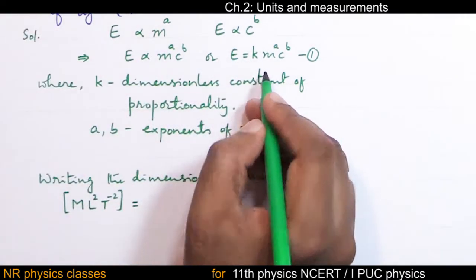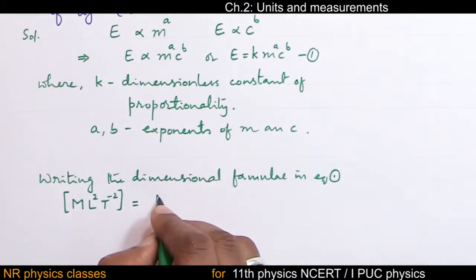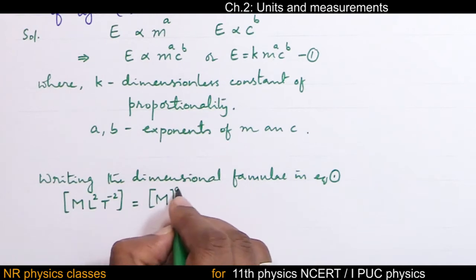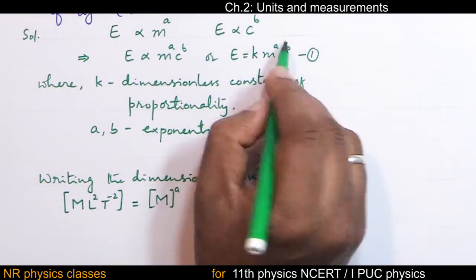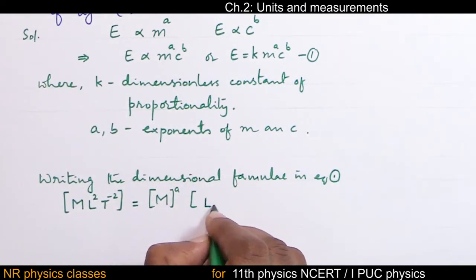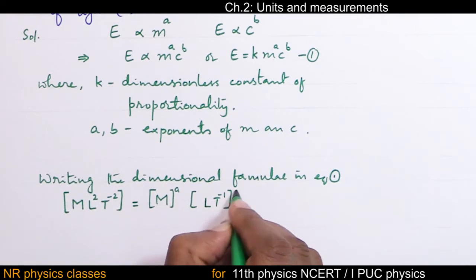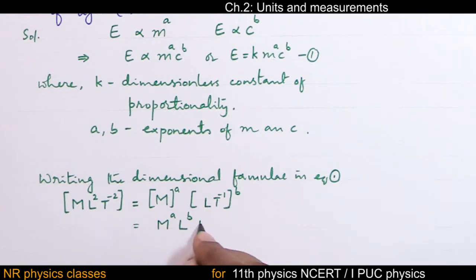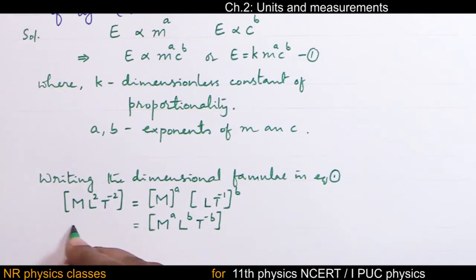So drop K. M is mass to the power A. C is speed of light, which is also speed, so L T^-1 whole to the power B. So it is M^A, L^B, T to the power minus 1 into B, that is minus B. This is M L^2 T^-2.